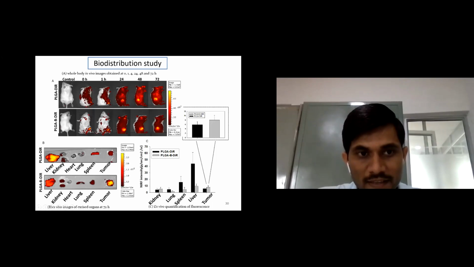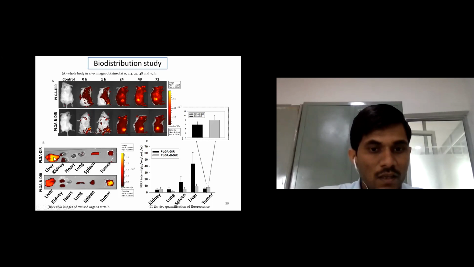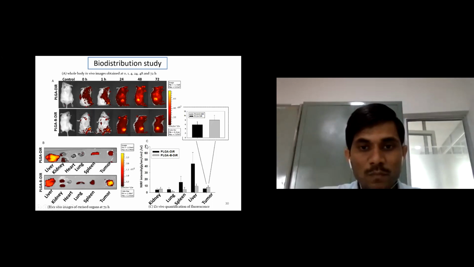We have observed improved accumulation of nanoparticles at the tumor site, which we can see here. Then after excising the tumor from these mice, after sacrifice, we collected different organs and quantified the fluorescence intensity.